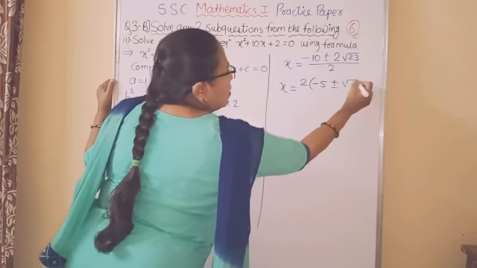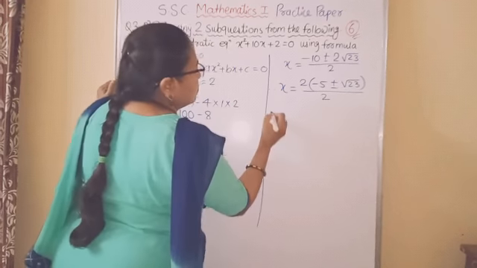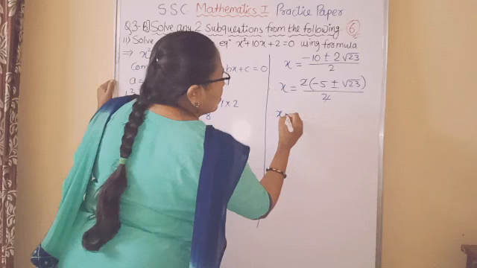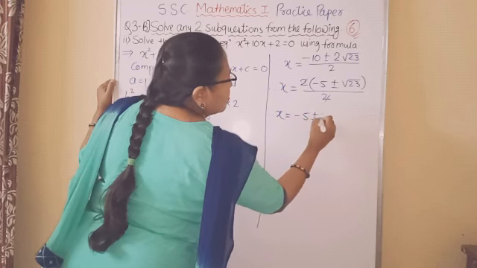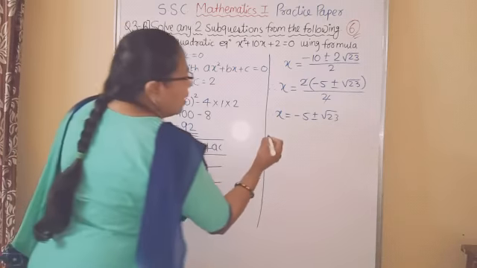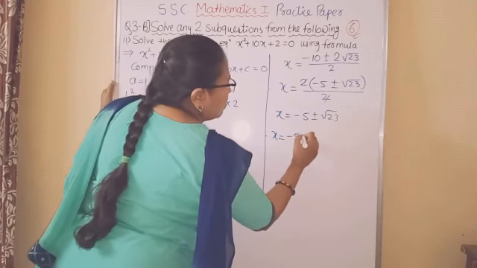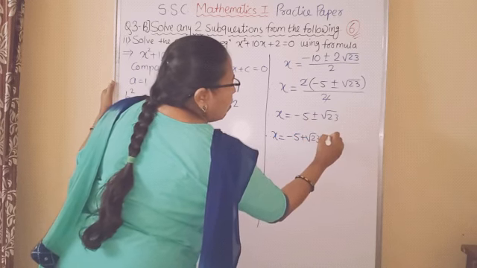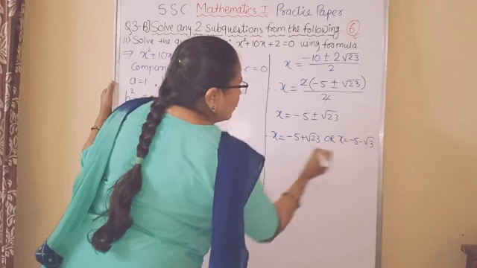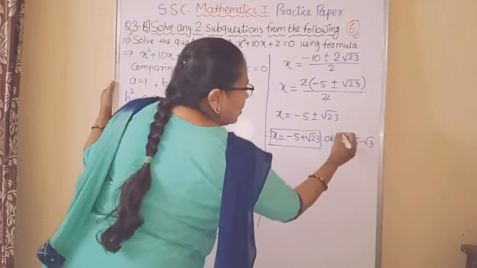So here only root 23 remains, divided by 2. So these 2 get cancelled and we got minus 5 plus minus root 23. So here there are 2 values. Therefore x is equal to minus 5 plus root 23 or x is equal to minus 5 minus root 23. So these are the roots of the given quadratic equation.